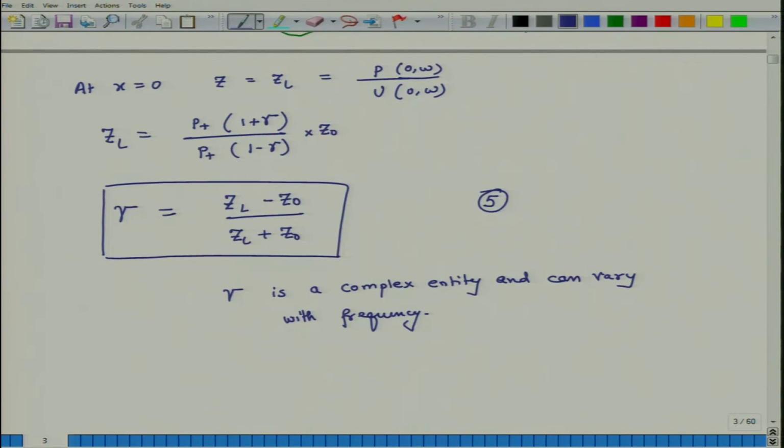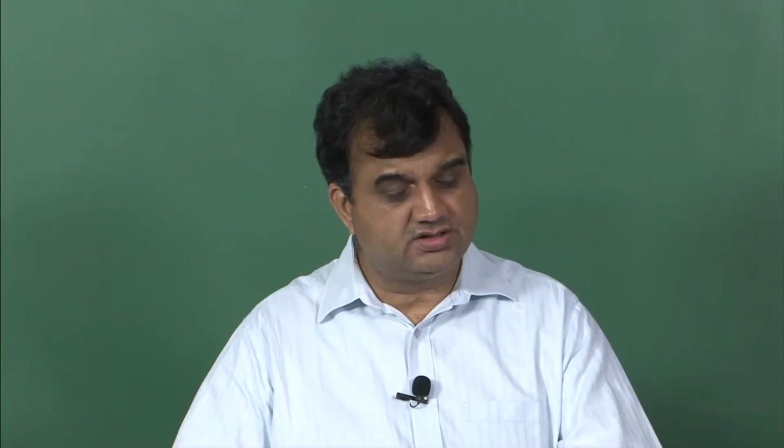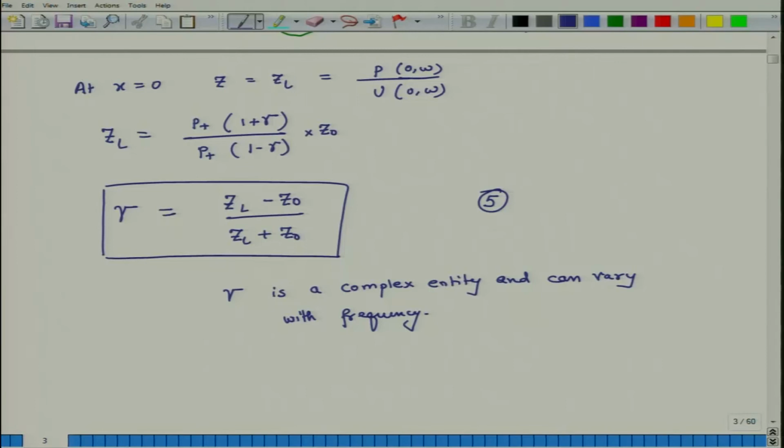At certain frequencies it can absorb a lot of sound, at other frequencies its absorption characteristics are very poor.